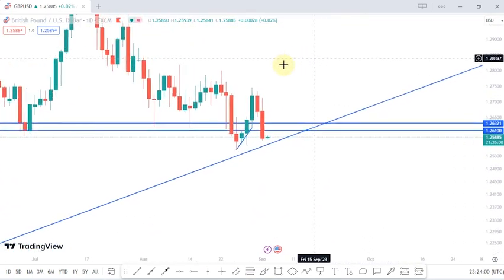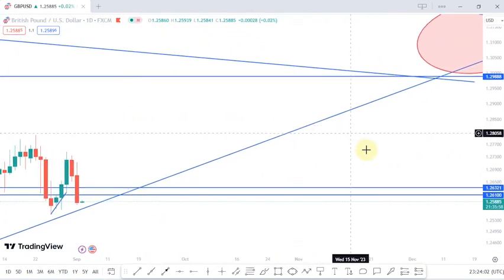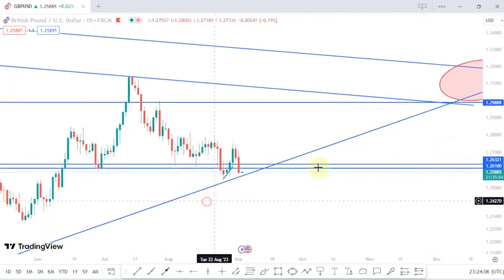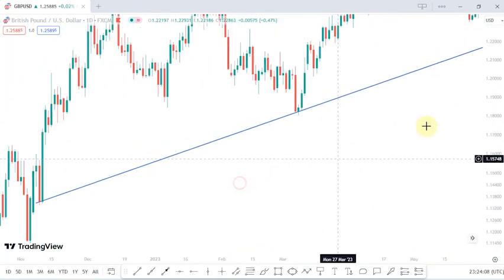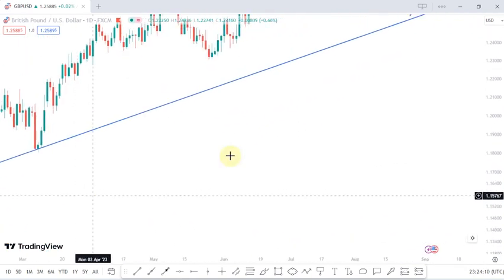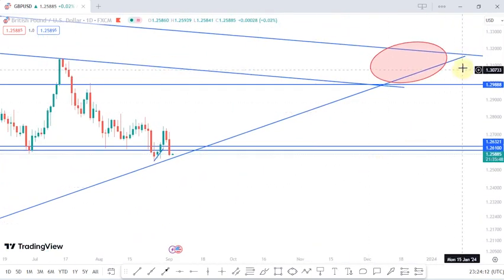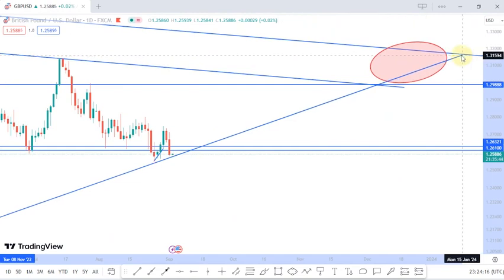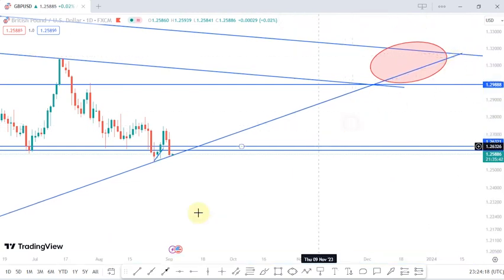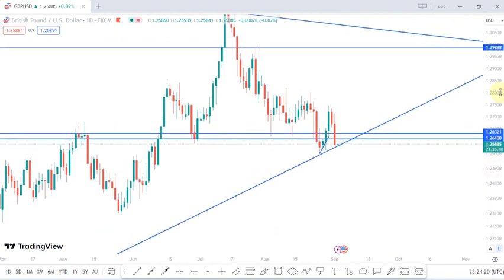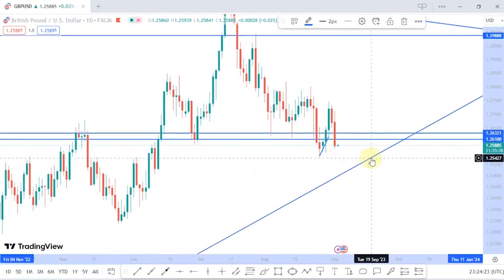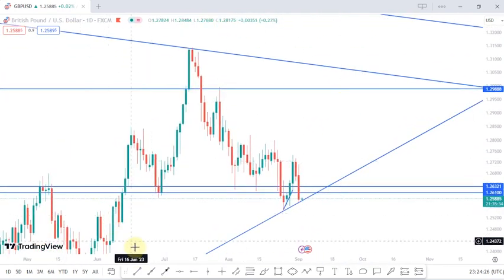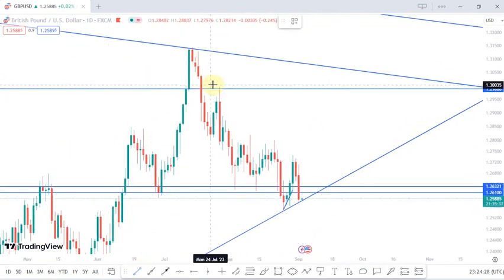Let's take a look. I think we need to adjust this trend line a little bit. All right, so what are we expecting to happen in the market? Let me put a trend line here.